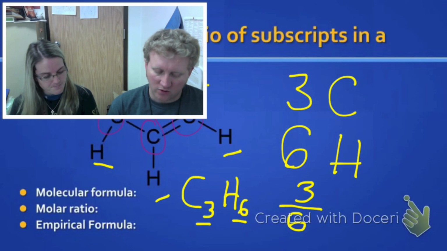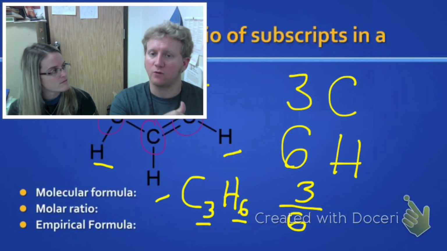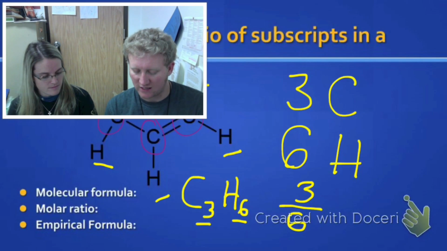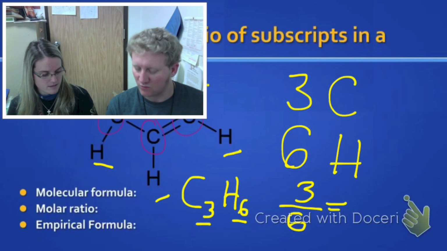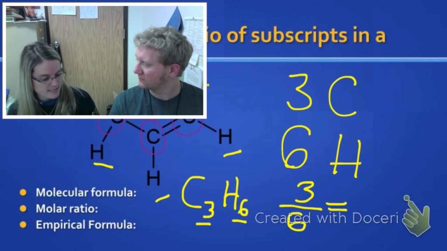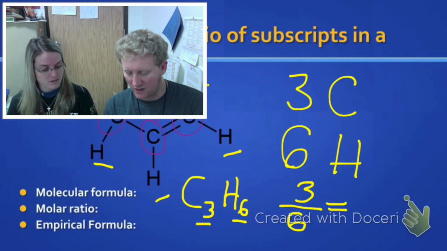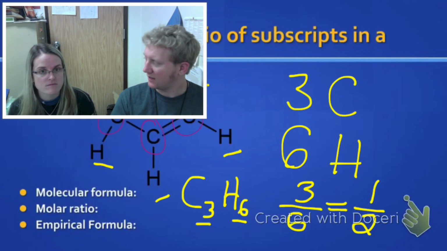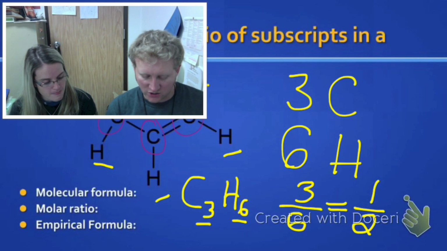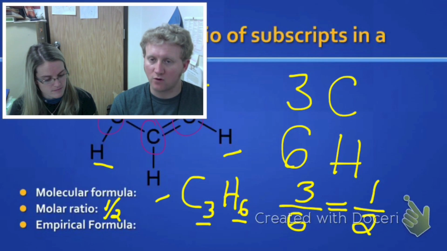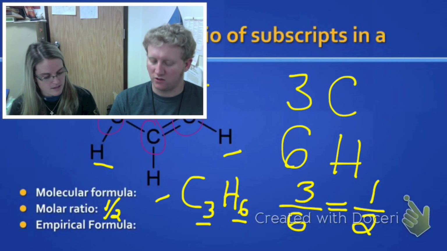Now, the empirical formula is the lowest molar ratio, so we want to look at that 3 over 6 and see, can we reduce it? If I divide each number by 3, I could reduce it down to 1 and 2, because 3 is half of 6. So the molar ratio would be 1/2, and the empirical formula would then be the lowest molar ratio.